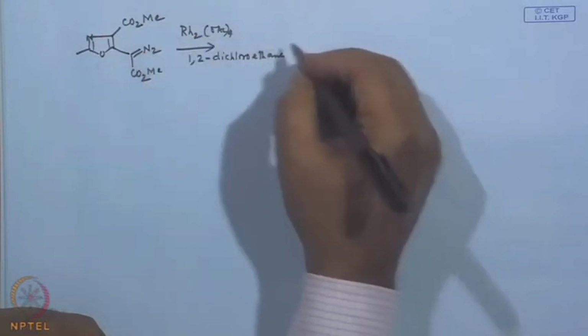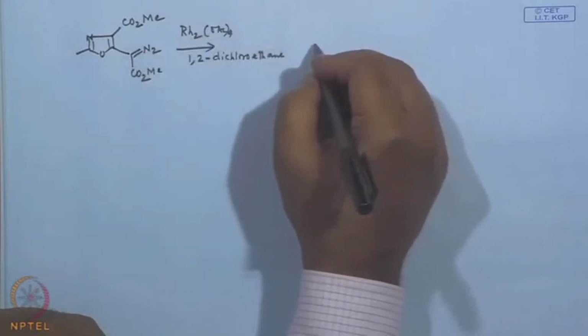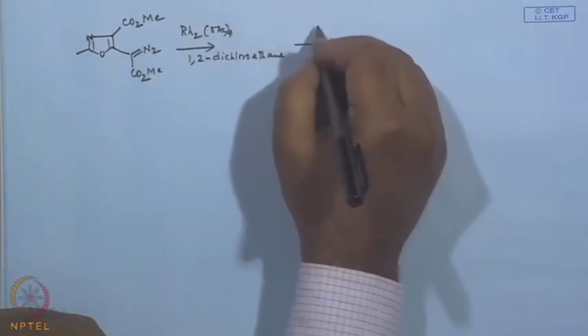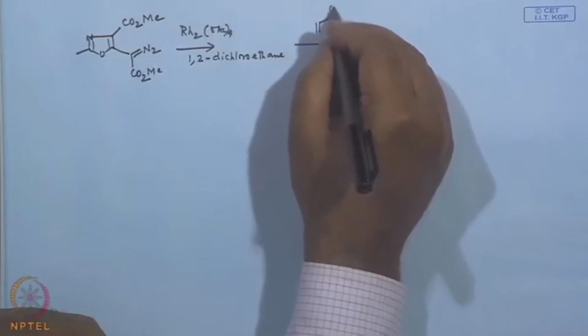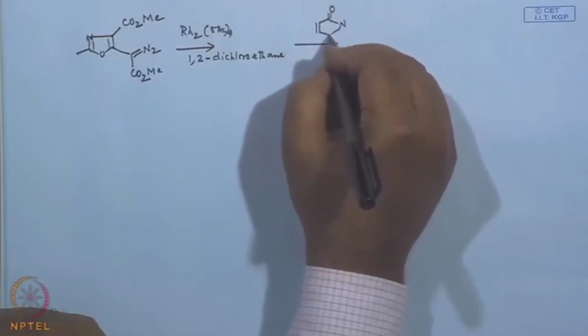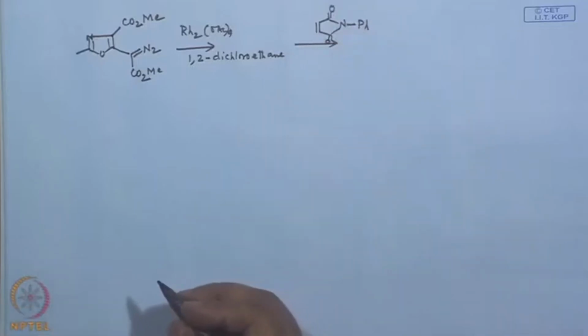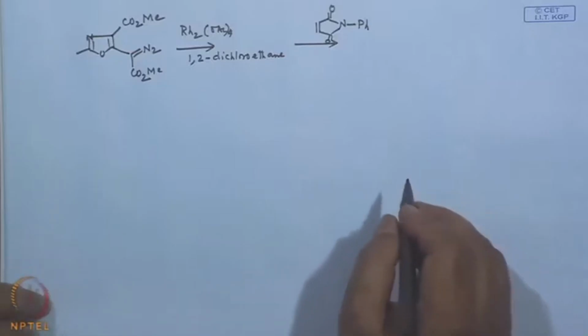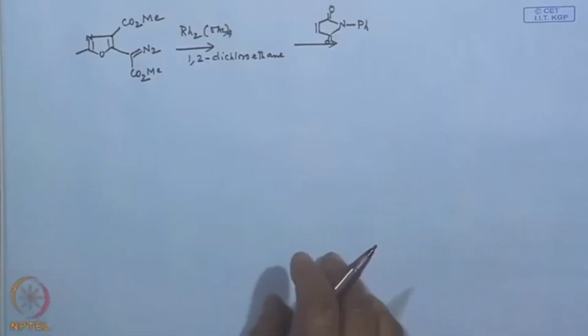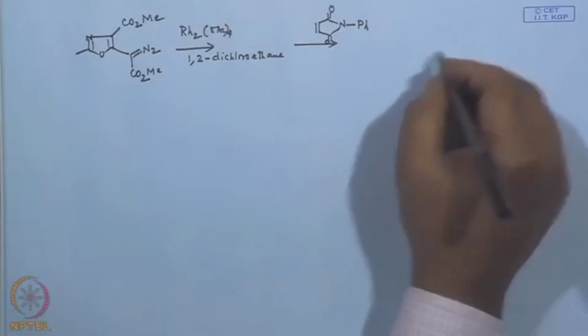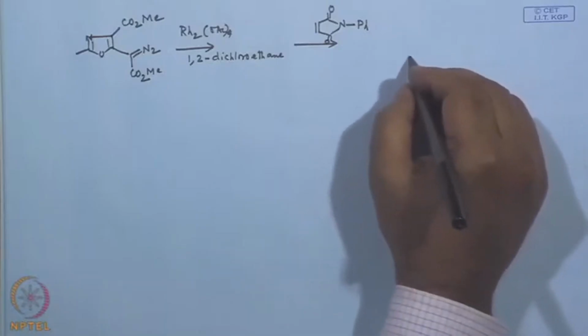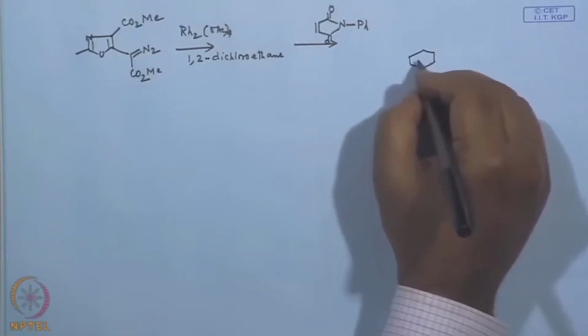Okay. So, I think all of you can guess what could be the product if this reaction is trapped with phenylmaleimide. So, what should be the product? In fact, the product that is formed here, I will straight away write the product is a benzenoid.